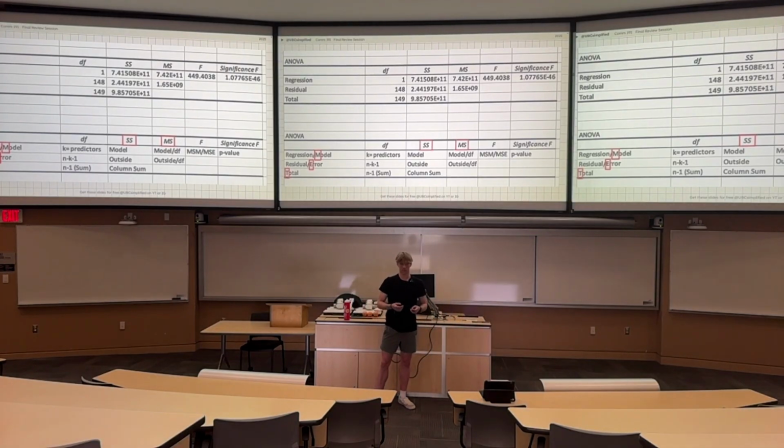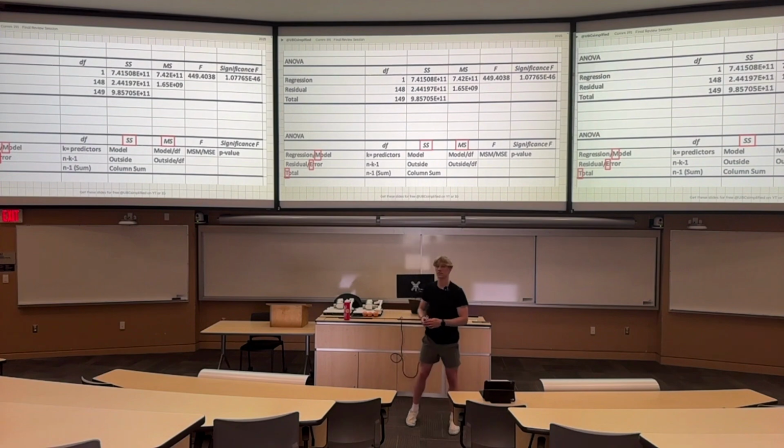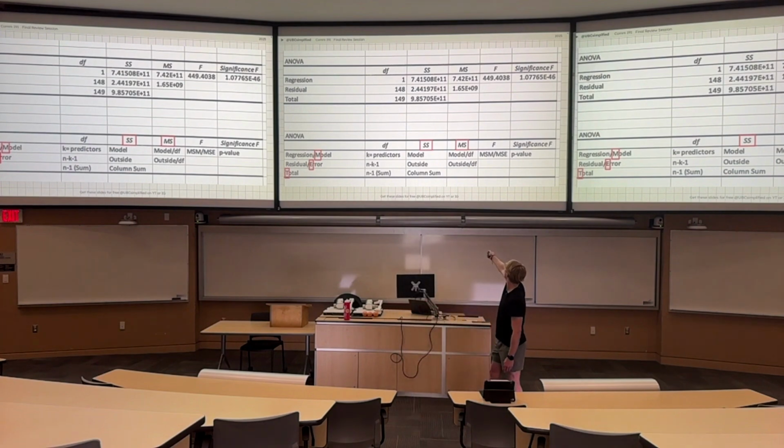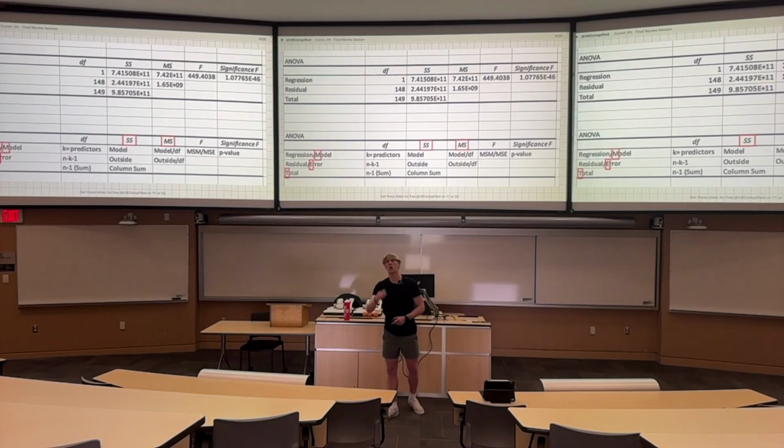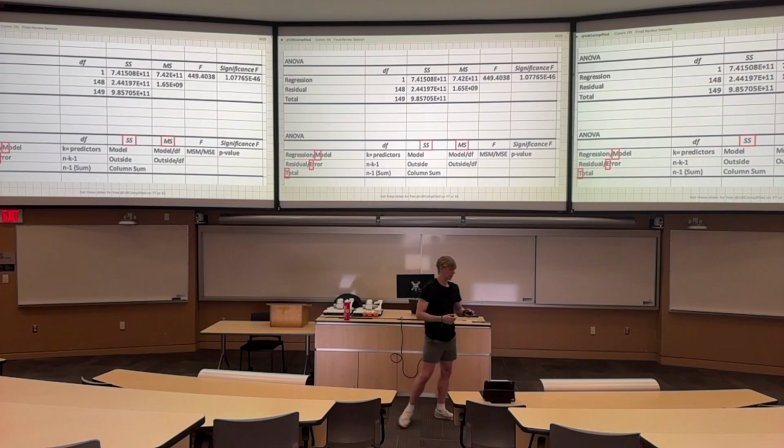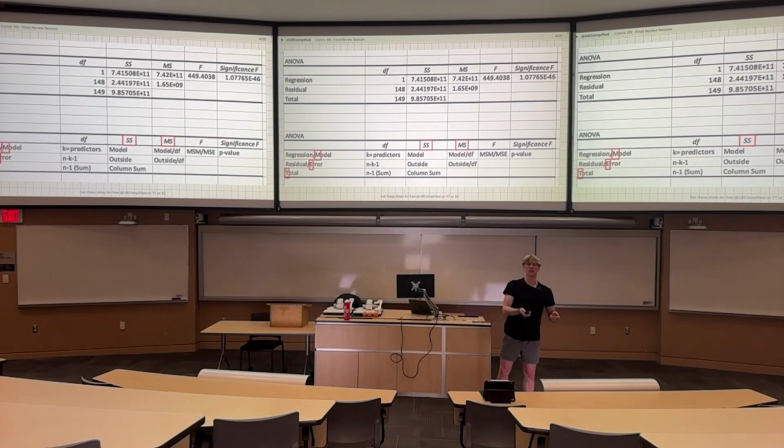And then the last thing is you take this, divide it by this, and you get your F-stat. You can refer back to this to walk through starting with your degrees of freedom, your sums of squared model, errors, totals, and then how you calculate your F-stat from there.